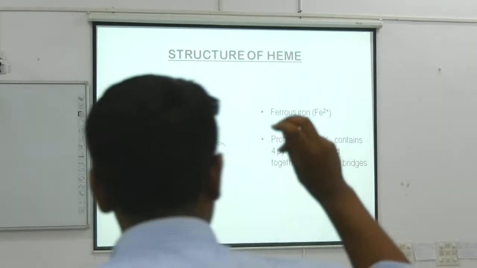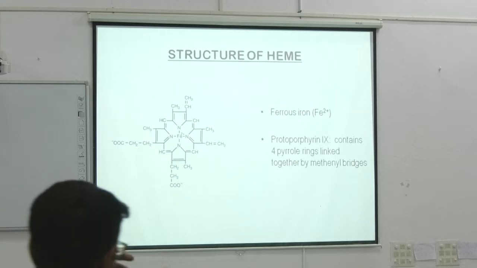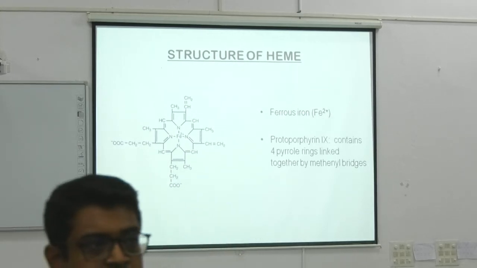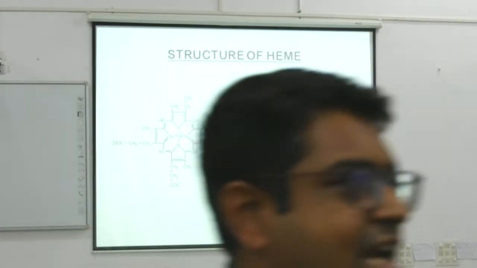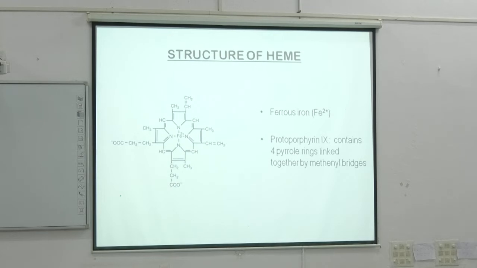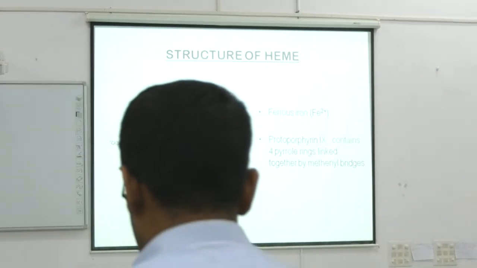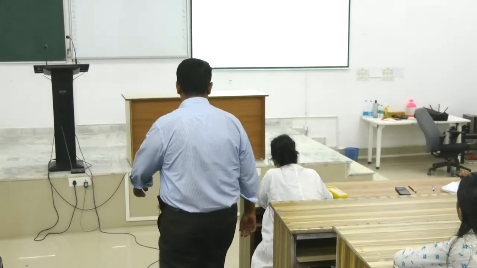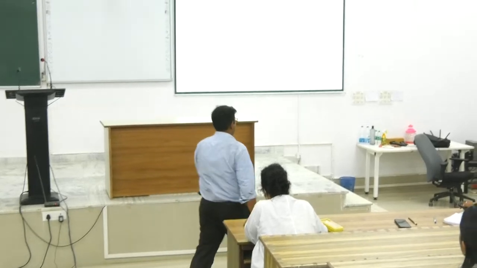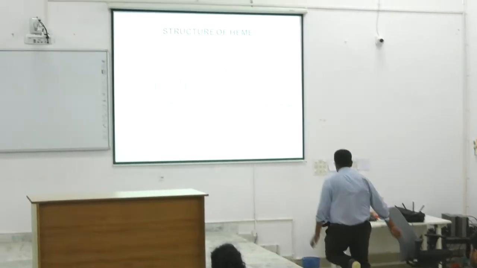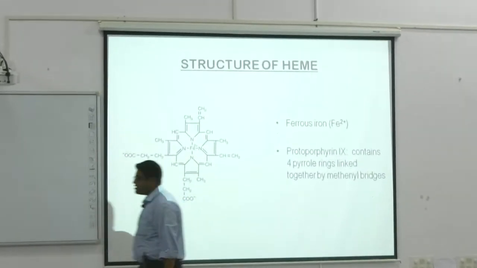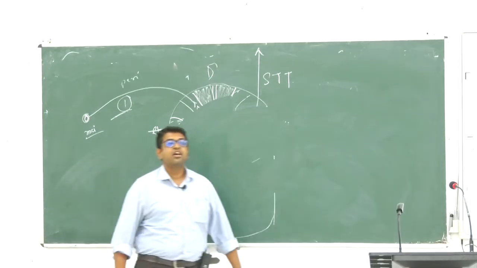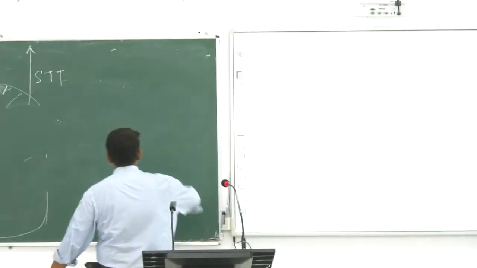Next slide please. Okay. So this is the structure of heme. Can anybody tell me how it looks? Such a difficult structure. What to do? How to draw it? It's very, very simple, pay attention. Make 4 pentagons.